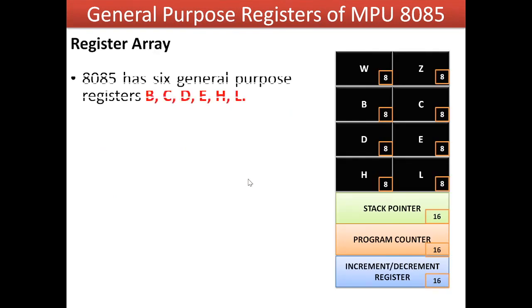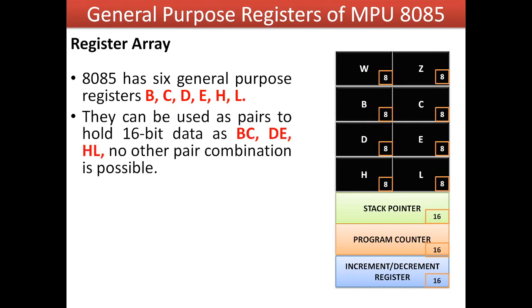Now there are certain general purpose registers. Among them are BC, DE, and HL. These are all general purpose registers and are all 8-bit in size. Now these can be used individually, and they can also be used in pairs. If you have to use them in pairs, it is only BC, DE, and HL.